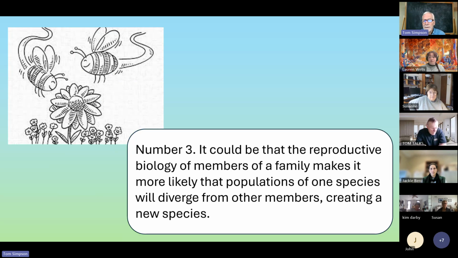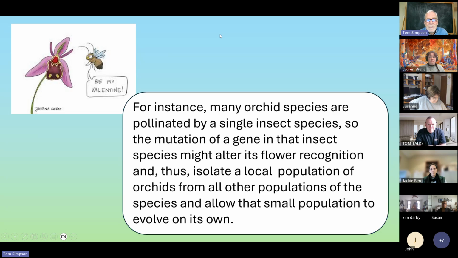A third thing is that it could be that reproductive biology of the members of a family make it more likely that populations of one species will diverge from other members, creating a new species. This is probably best exemplified in orchids. A species of orchid often, not always, but often is pollinated by one single insect species. And likewise, the insect species only pollinates that one kind of orchid.